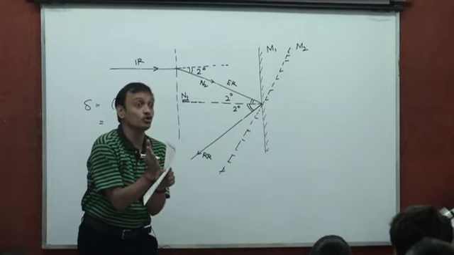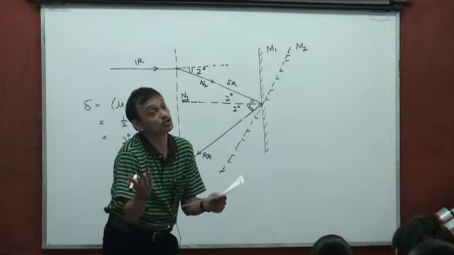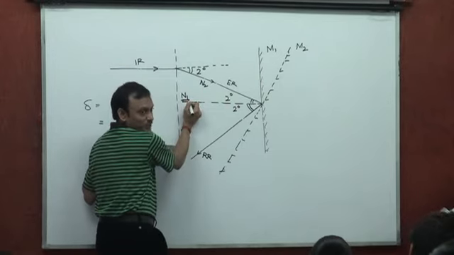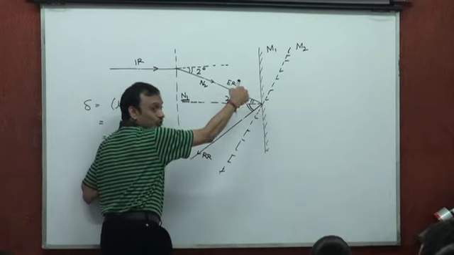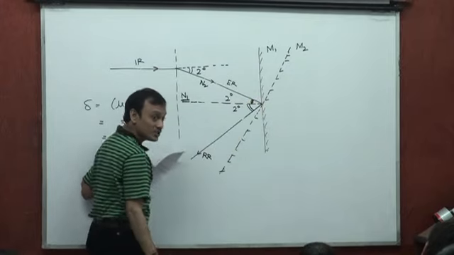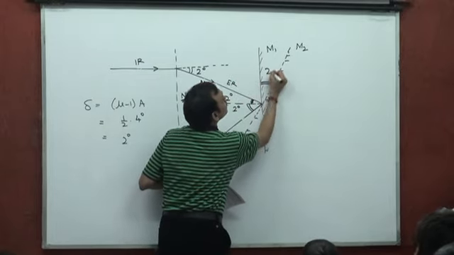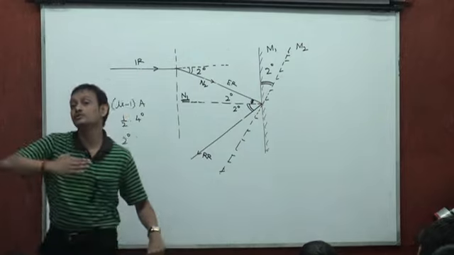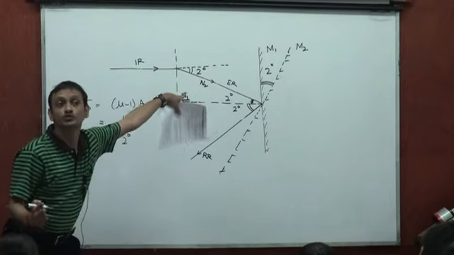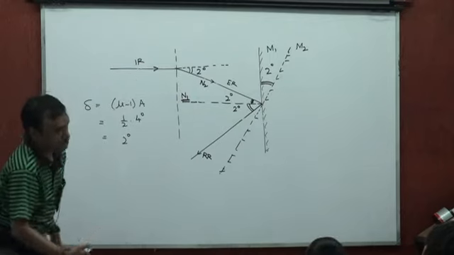The angle between the two positions of the mirror would be the angle between the normals to the two mirrors. And realize that the angle between the two normals is 2 degrees. So the angle between the two mirrors must also be 2 degrees. Therefore, the mirror ought to be rotated by 2 degrees in a clockwise sense as shown, so that it could retrace its path back. Clear?